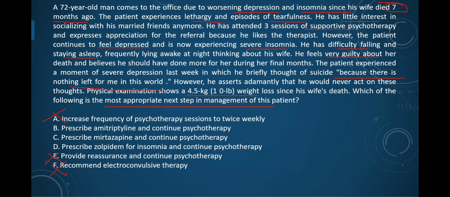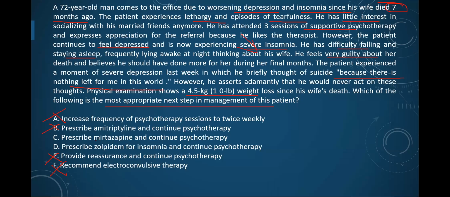So now you have amitriptyline. We don't usually use amitriptyline as a first line antidepressant because that's a TCA. We usually use SSRI or SNRI. So cross that out. Now you have two, mirtazapine or zolpidem. Remember, zolpidem can help with the insomnia, but we don't use it as a first line treatment for these patients having deep insomnia.